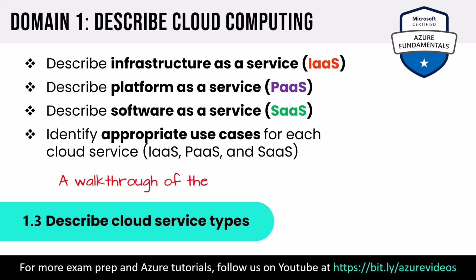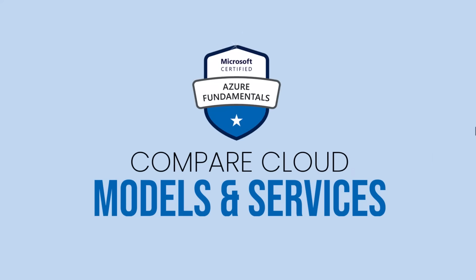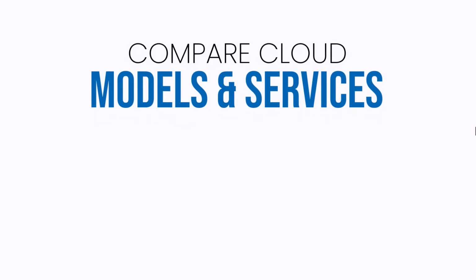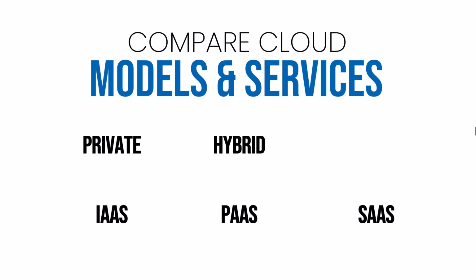Yes, this is finally the spot where we're going to walk through the shared responsibility model. Now we're going to move into a comparison of cloud models and services, which you can expect will factor prominently on the AZ-900 exam, and we're going to focus on the core three of infrastructure, platform, and software as a service, and the most common cloud models of private, hybrid, and public.